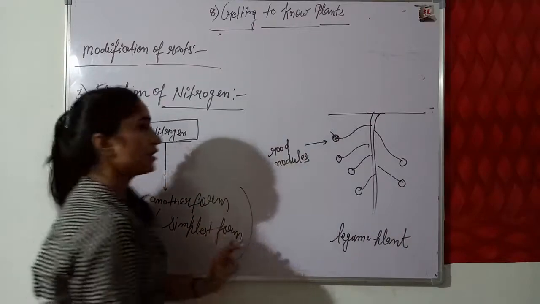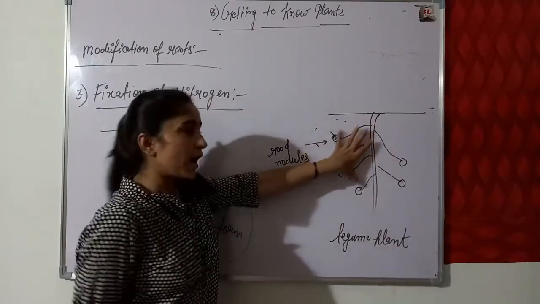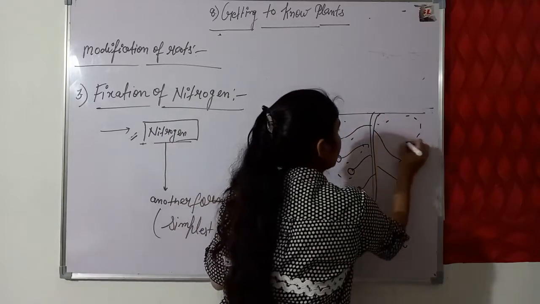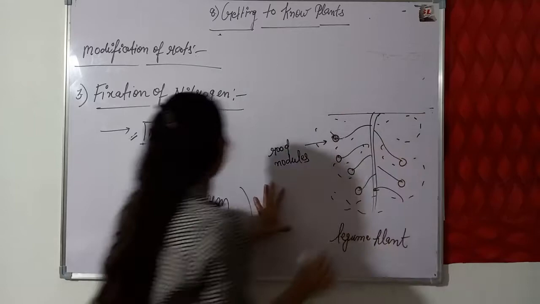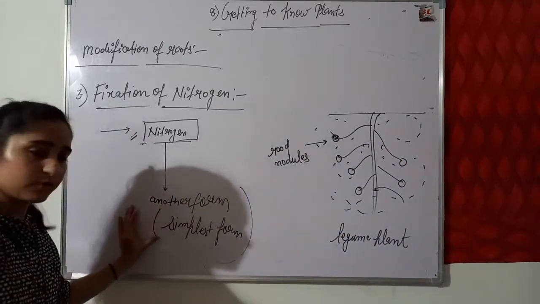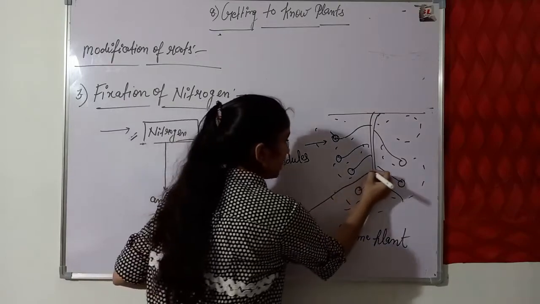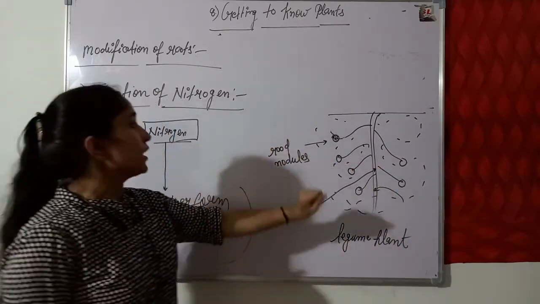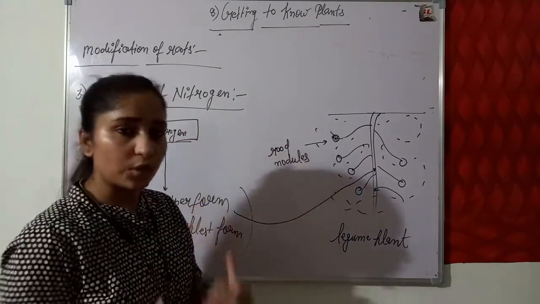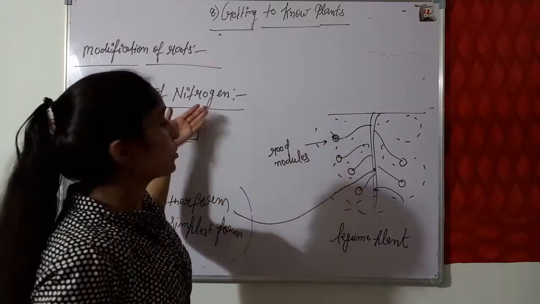You know that the nutrition present in the soil is absorbed by the roots. So when this nitrogen is converted into the simplest form, then it can easily be absorbed by the roots. So here is what type of modification of root for the fixation of nitrogen.